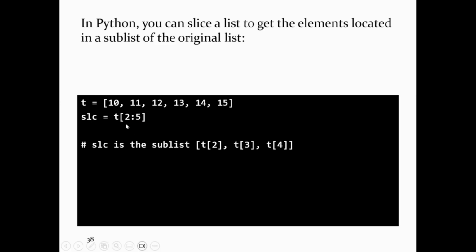That's the element at index 2, up to but not including index 5, so elements at indexes 2, 3, and 4. That should give me the sublist 12, 13, 14, which it does. t[:] gives you back a copy of the entire list. So that's the Python way to copy an existing list.